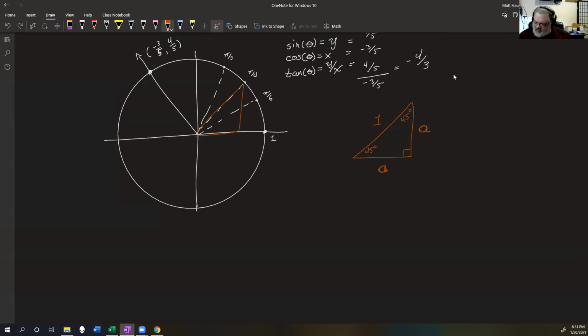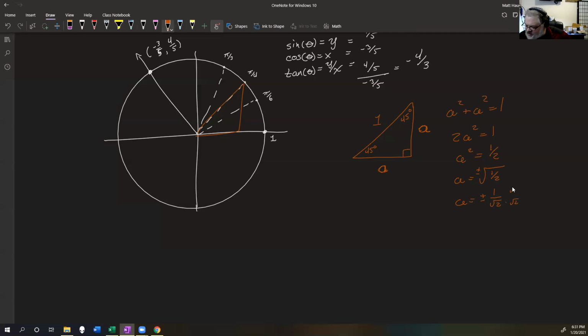So when we put that into the Pythagorean theorem, we only have one unknown, that A value. So we can actually just solve this. A squared is equal to 1/2. So A is equal to the square root, plus or minus, of 1/2. Now you wouldn't leave the square root of 1/2 like that. Square root of 1 is 1, square root of 2 is just square root of 2.